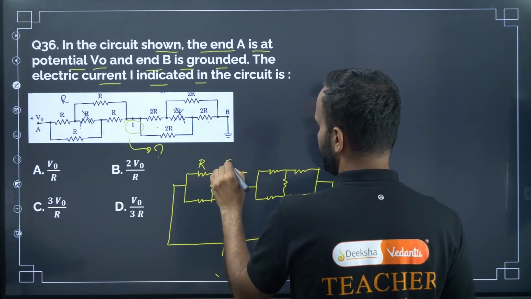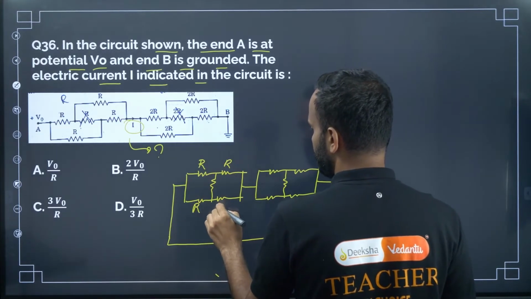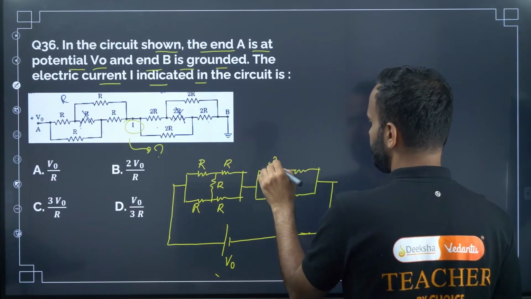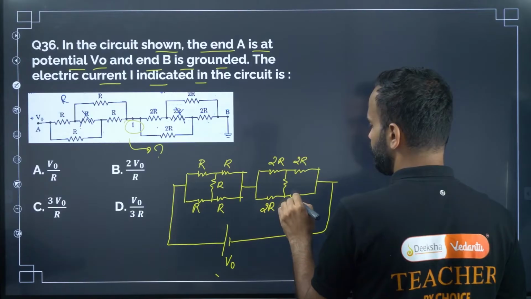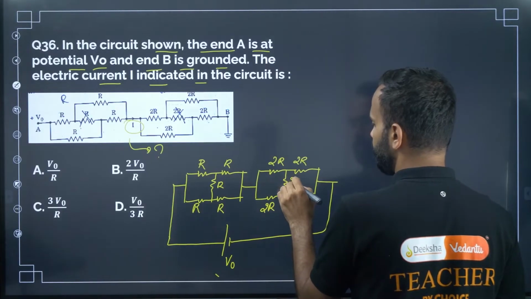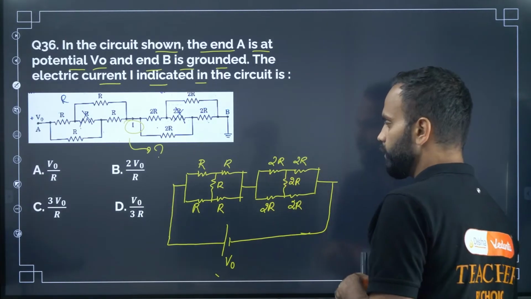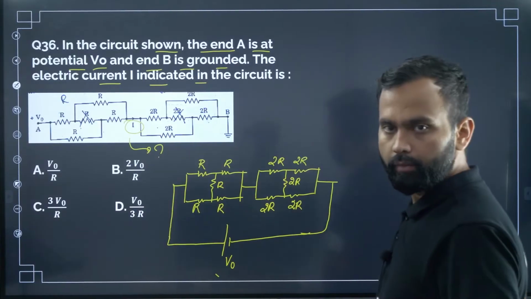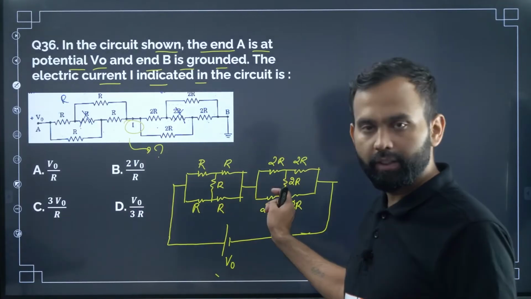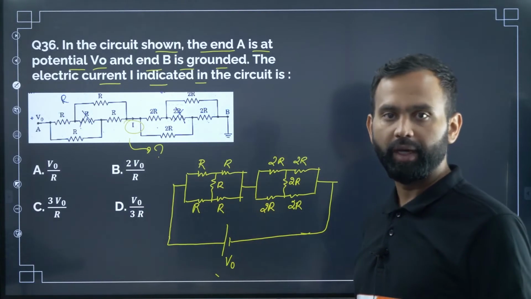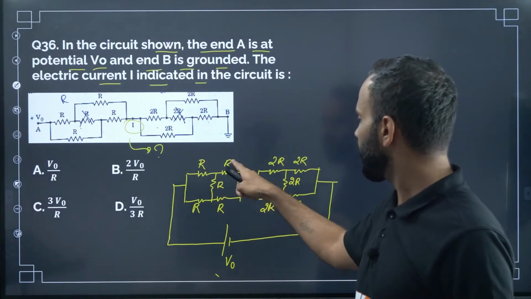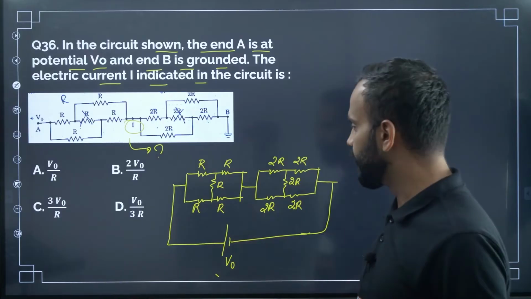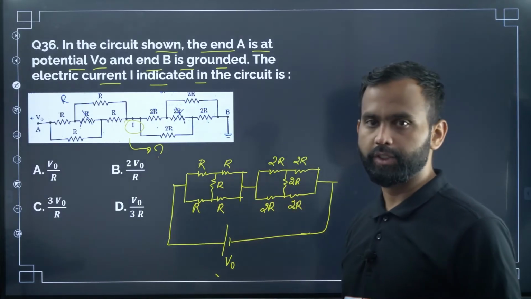So R, R, R, R, R. Here 2R, 2R, 2R, 2R, and 2R, right? Okay. So now check whether these two Wheatstone bridges are balanced or not. So these two are balanced, right? Isn't it? Take the ratio R by R and R by R. Both are 1, right? These two are balanced Wheatstone bridges.